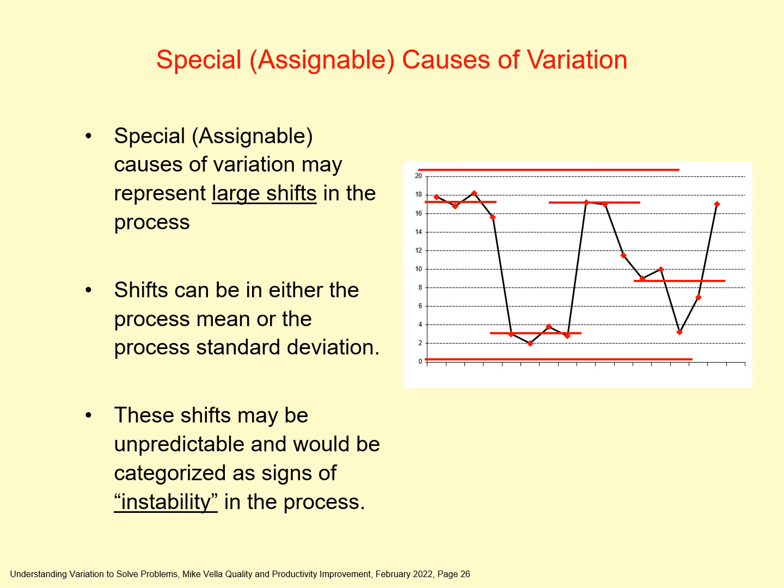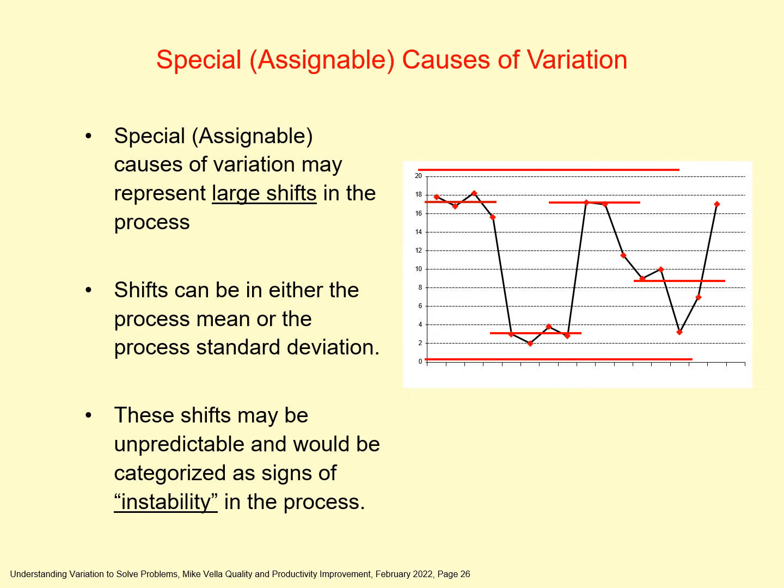So special cause variation is something that you need to investigate and repair in the process right away. They may represent large shifts in the process, like you see in the graph. On the left, you can see a tight distribution, then it runs significantly lower, then significantly higher, then right down again.